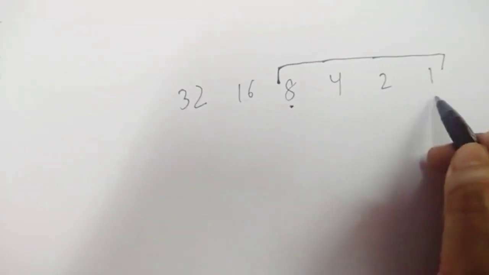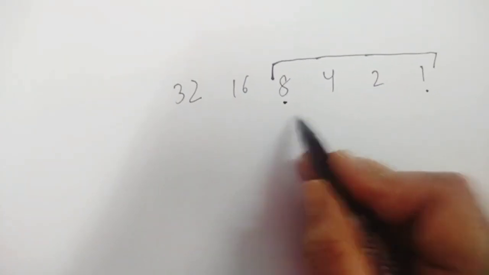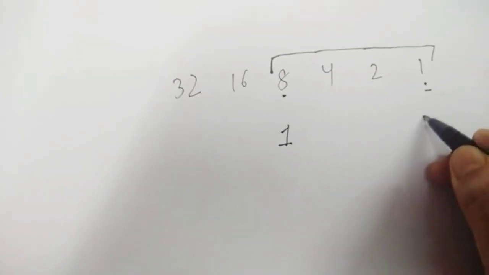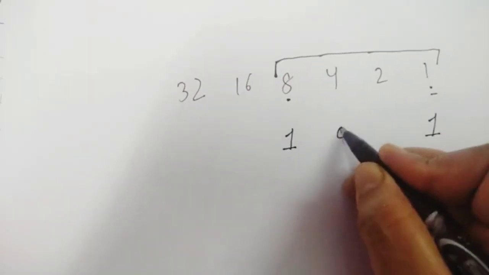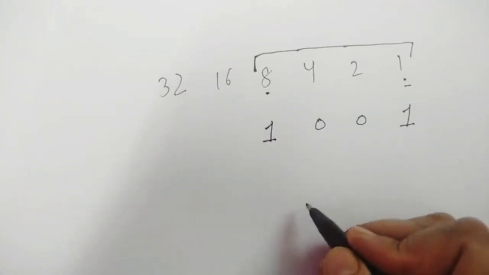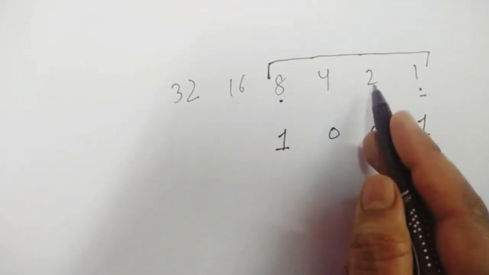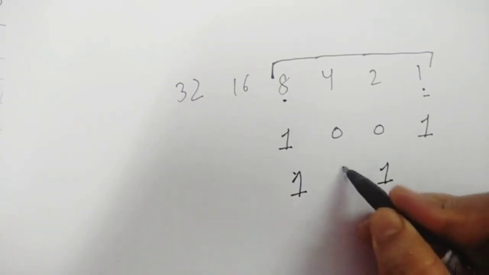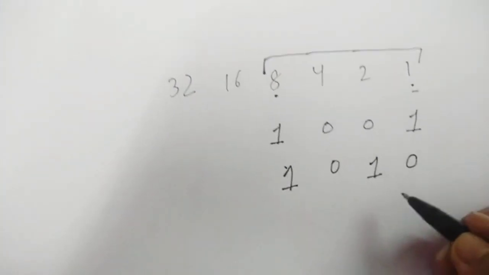Now how to draw 9? 8 plus 1. This column is added with the last column. So we place 1 in the columns added and the rest all 0. So this is 9. What is 10? 8 plus 2. So 1 here, 1 here. This is not added, this is not added. Clear?